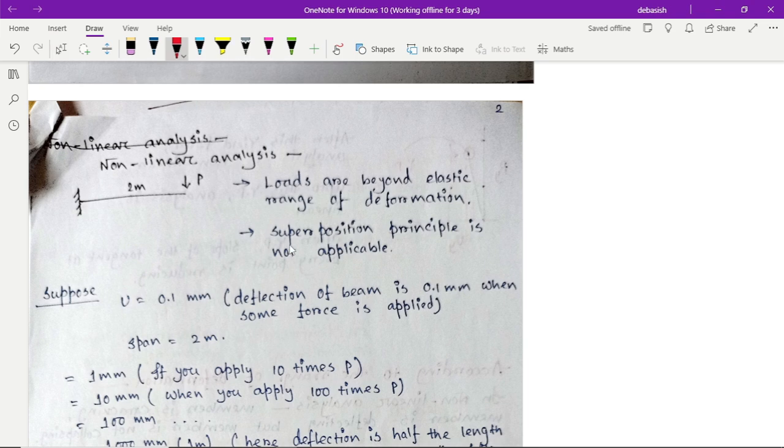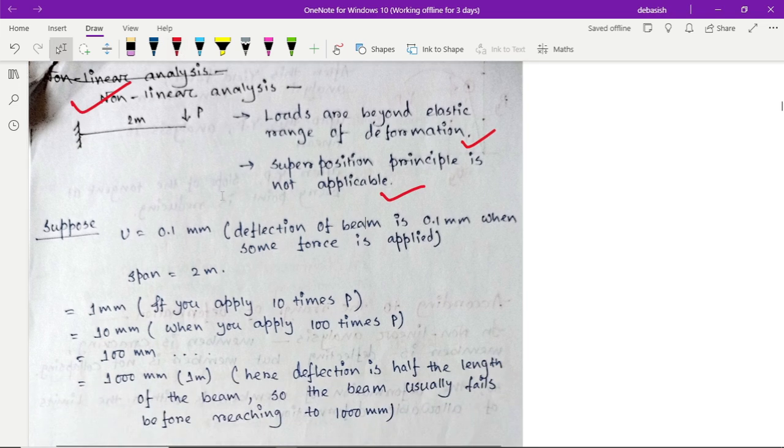The next one is the non-linear analysis. In case of non-linear analysis, loads are beyond the range of elastic deformations and superposition principles cannot be applicable. In case of non-linear analysis, the force will be such that the materials are unable to follow Hooke's law, or the stresses will be beyond the range of the proportional limit.